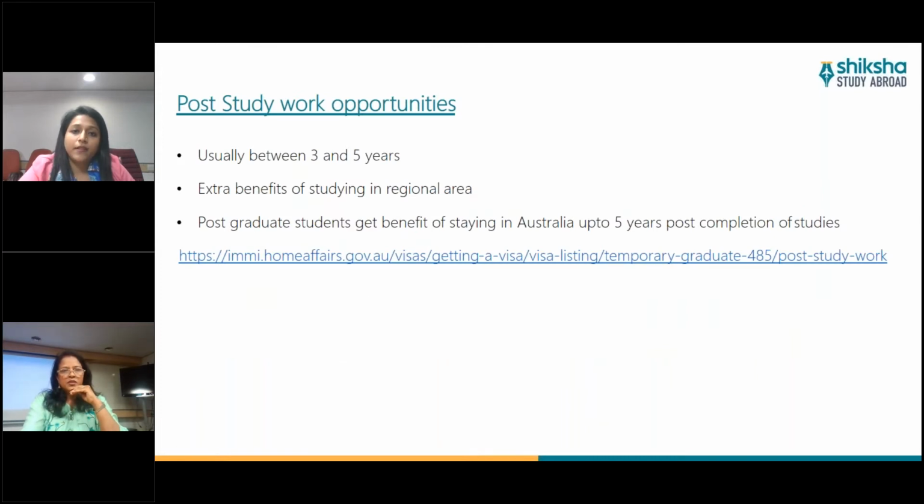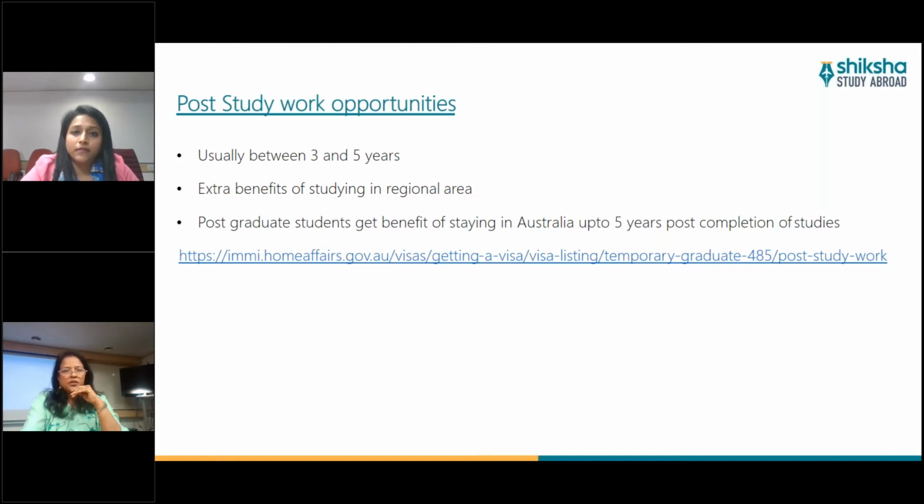Post-study work opportunities are usually between 3 to 5 years, with extra benefits to students in a regional area. Postgraduate students get the benefit of staying in Australia up to 5 years after the completion of their studies.